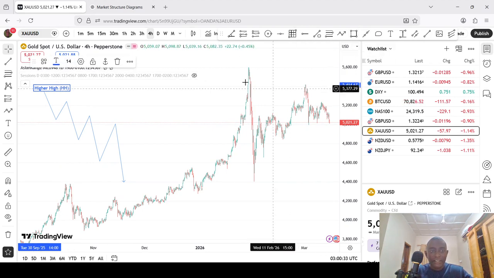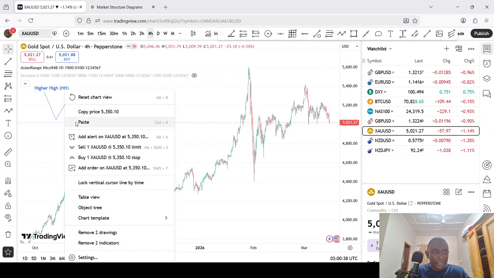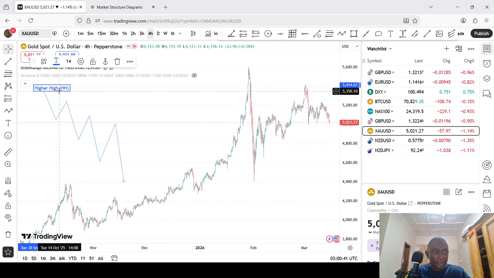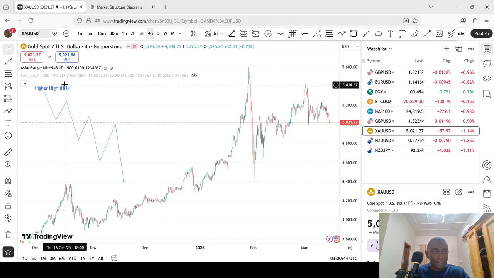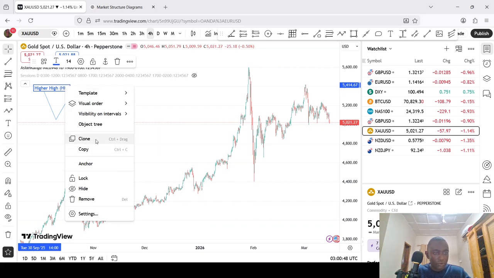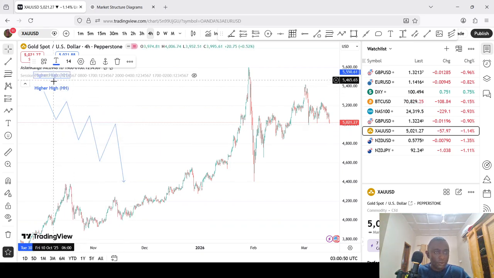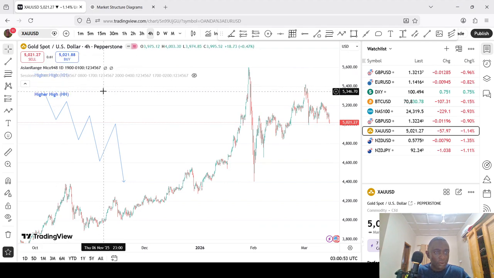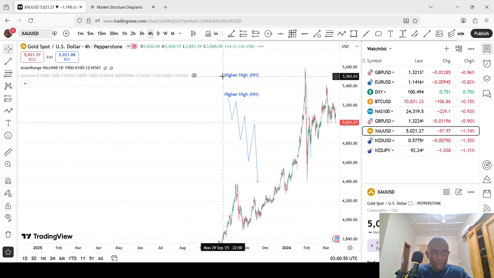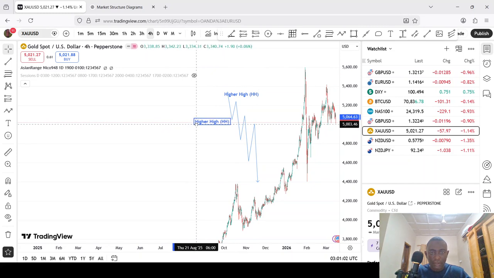Then the next one, you can just copy or duplicate, clone. I'm just doing copy and paste here.